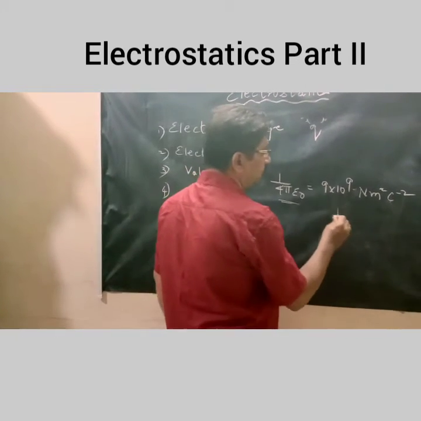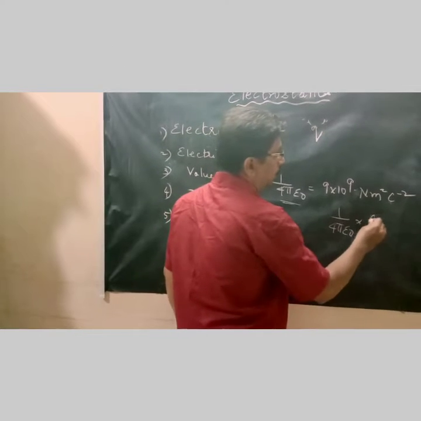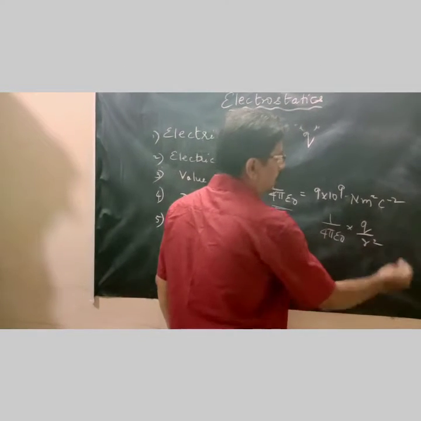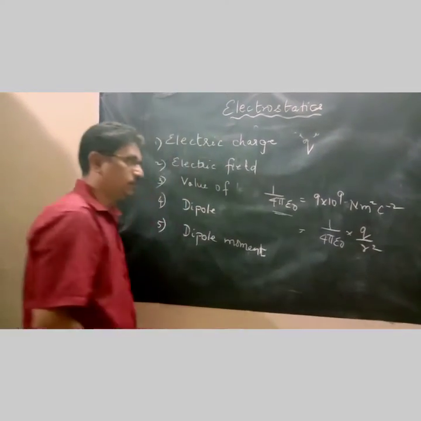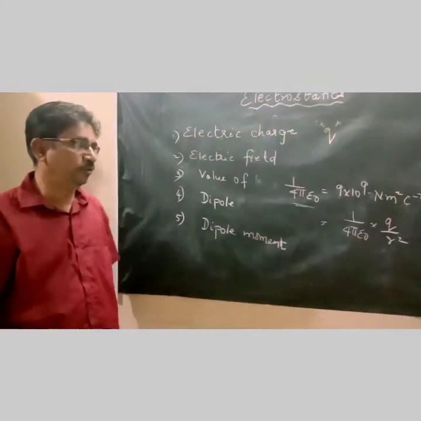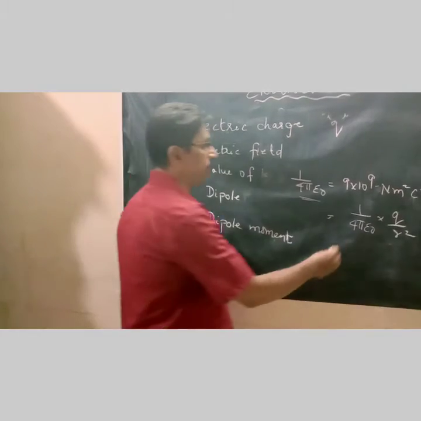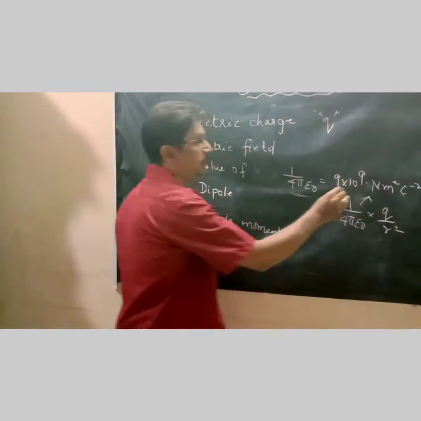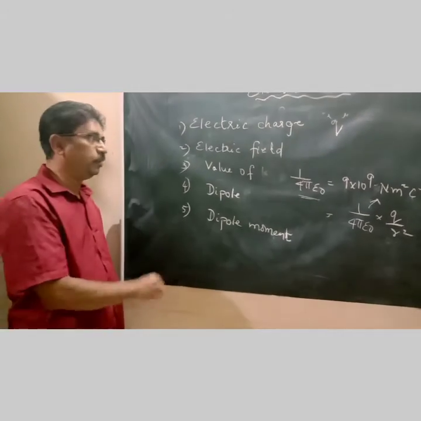We use 1 by 4 pi epsilon naught into Q by R square when we find electric potential. So the value of 1 by 4 pi epsilon naught is 9 into 10 power 9 Newton meter square per coulomb square.